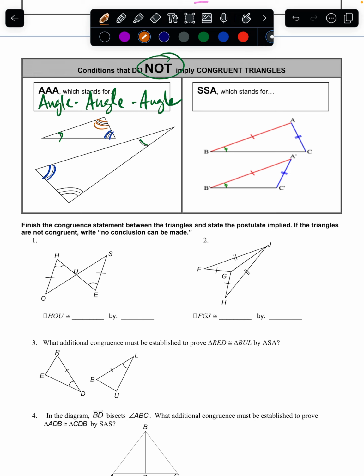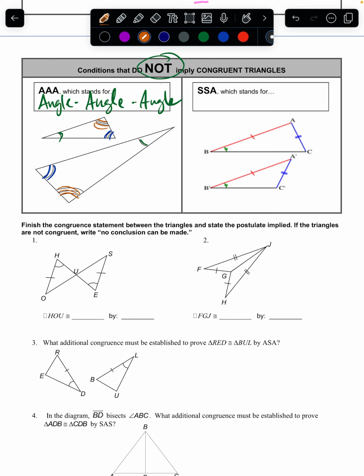So these are corresponding angles, and they are congruent, but it doesn't mean that the triangles are the same size. Obviously, one is larger. Later on, you'll learn that these are proportional. If you have angle, angle, angle, corresponding angles are congruent, but again, they do not guarantee that the two triangles are congruent.